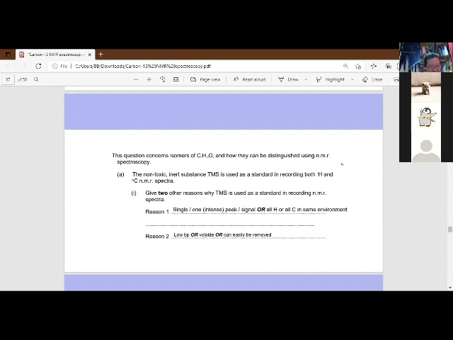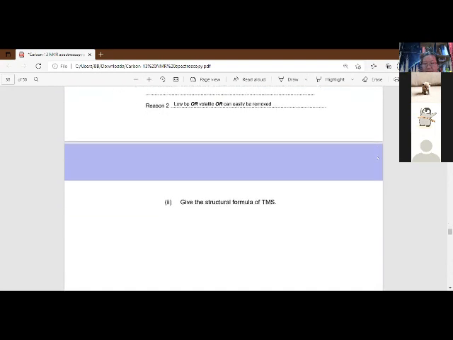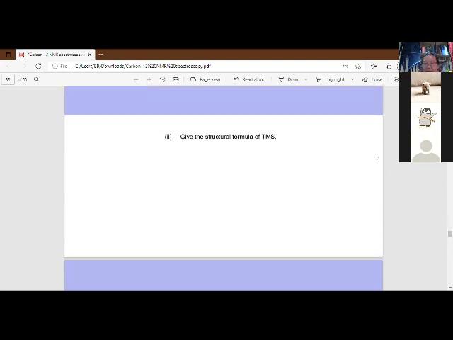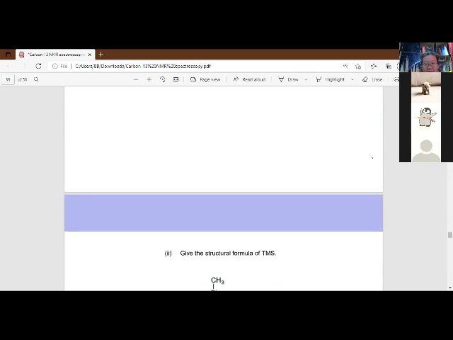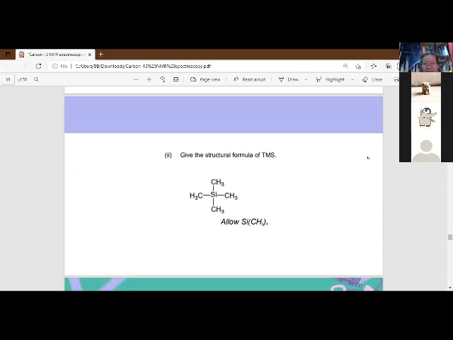The first reason is it has one intense peak, as all the hydrogens are in the same environment. The second reason is it is volatile, with a low boiling point, so it can be easily removed. Finally, give the structural formula of TMS, like just now. So this is the structural formula.